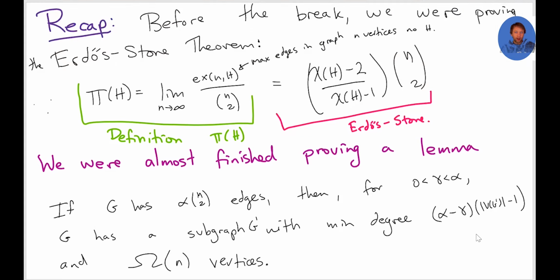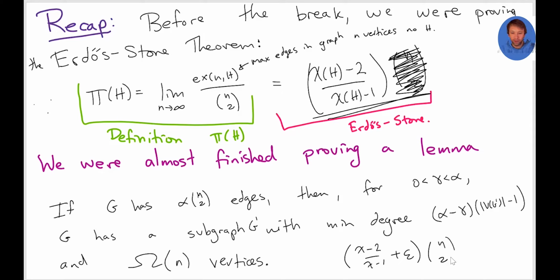Remember, the way we wanted to prove this was we took a graph with more than this number of edges. Or sorry, there should not be an n choose 2 here. So we took a graph with more than chi minus 2 over chi minus 1, where chi is the chromatic number of H, plus epsilon, let's say, times n choose 2 edges.